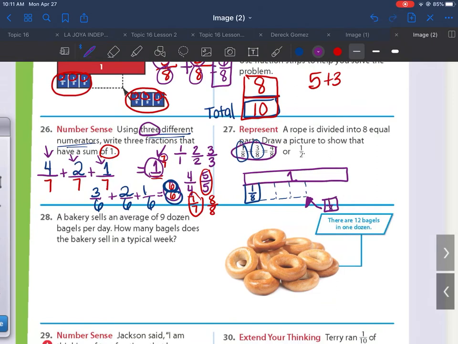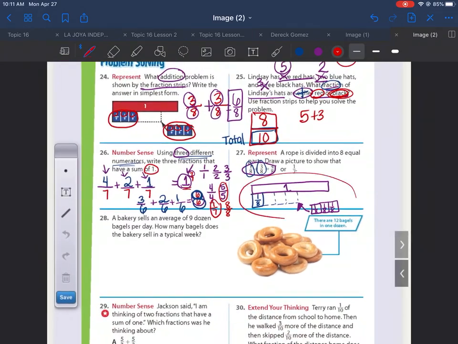Sorry, I put 3 out of 8 and it's supposed to be 1/8 because I need to add 3/8. So it's 1/8 plus 1/8 plus 1/8. Now, what am I doing right here? I'm trying to do this just like my example on number 24. This is what I have, 1/8. I need to add 3/8.